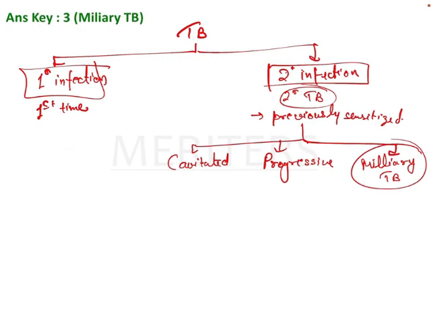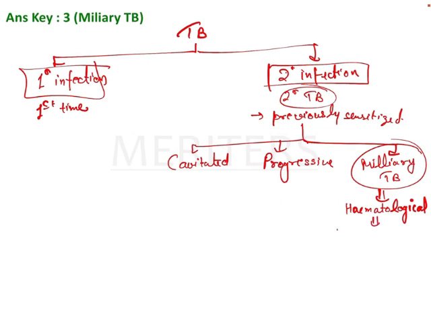Miliary tuberculosis basically occurs when the organism drains through the hematogenous route. From the hematogenous route, the organism, that is Mycobacterium tuberculosis, disseminates to different organs of the body, resulting in small yellow-white consolidated regions.